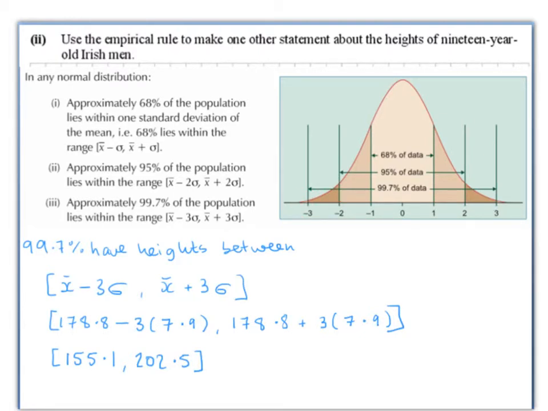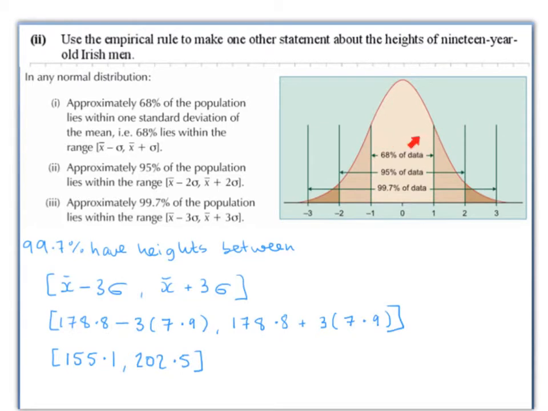In our question, we were asked about 95%. So we see 95% stretches across to 2 and to minus 2. So if the question asks for 95%, then you add 2 times the standard deviation to the mean, and you subtract 2 times the standard deviation from the mean.